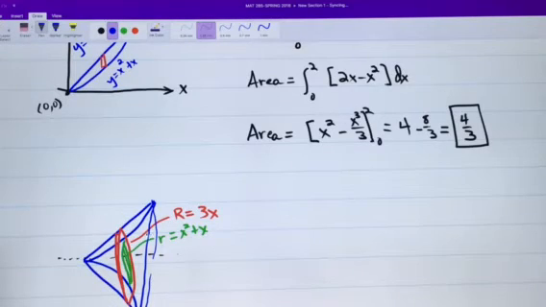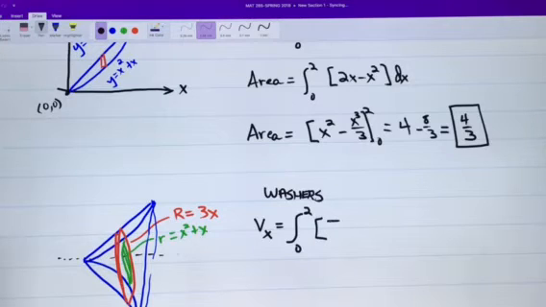So where you have this inside flap, this is where you have a hollowed out interior. Now, in utilizing the method of washers, think of the outside circular area minus that which is inside. So we're going from x equals 0 to x equals 2.